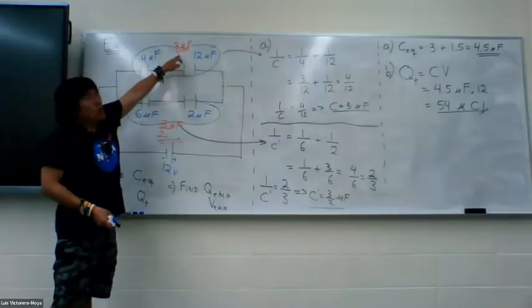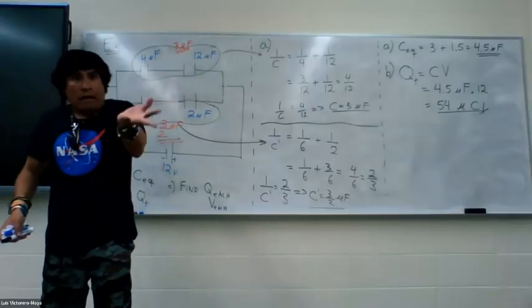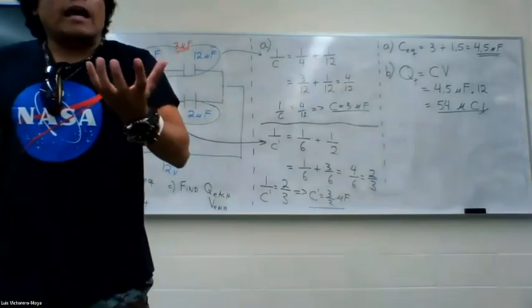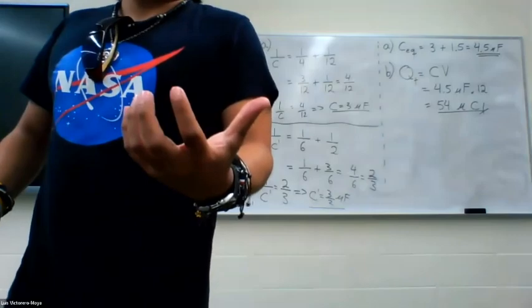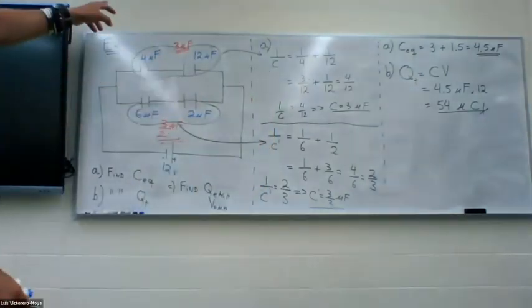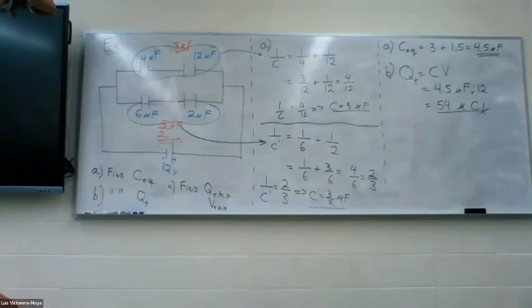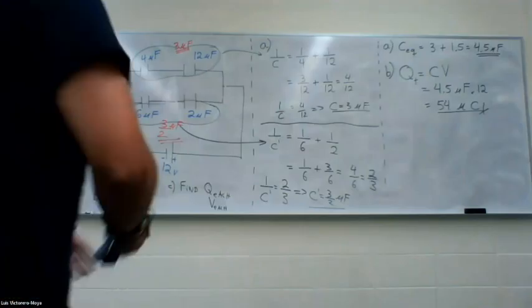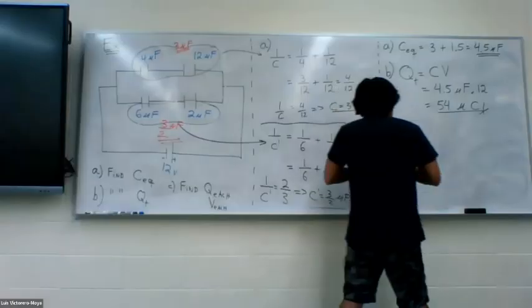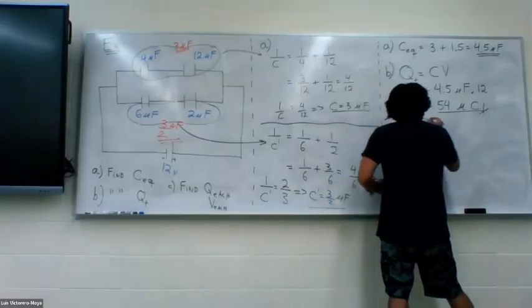If I have the voltage on 3 and the capacitance, which is 3, I can find the charge on 3. And if I find the charge on 3, I know the charge on 12 and the charge on 4. The charge on 12 and the charge on 4 is the same as 3.